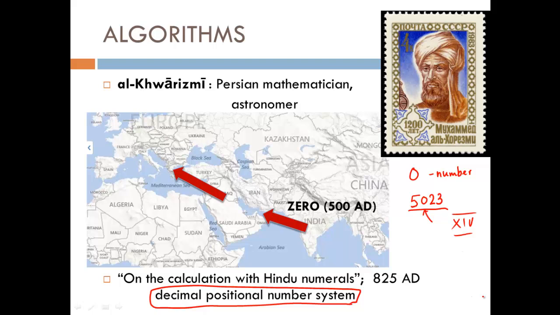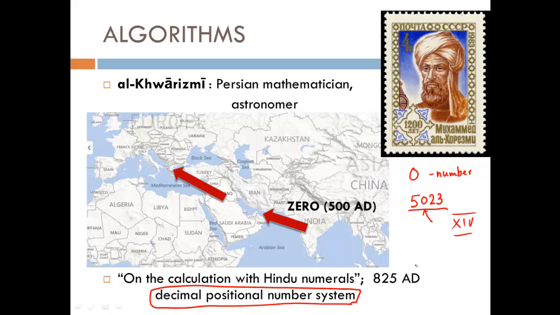But of course, if we have the decimal positional number system, we can add, and these were in fact the first algorithms ever discovered. And what happened was that this zero and the numbering system traveled to Baghdad in Iraq, where Al-Khwarizmi, a Persian mathematician and astronomer, became very interested in this.